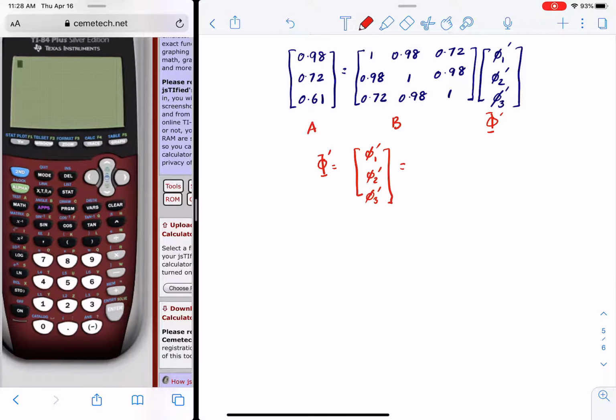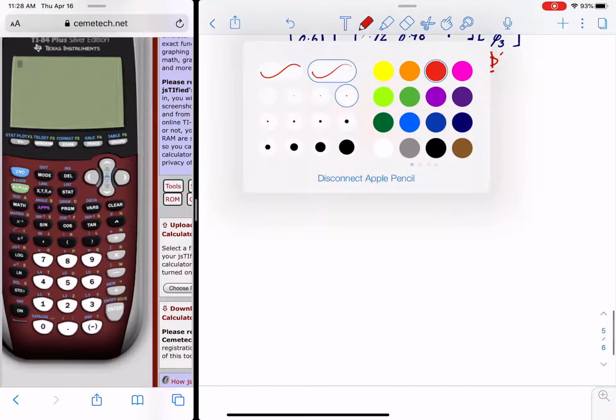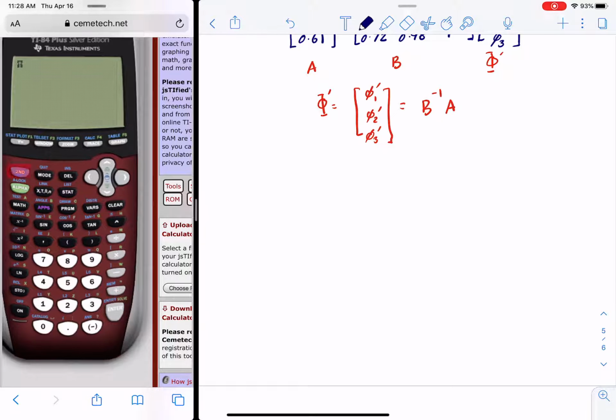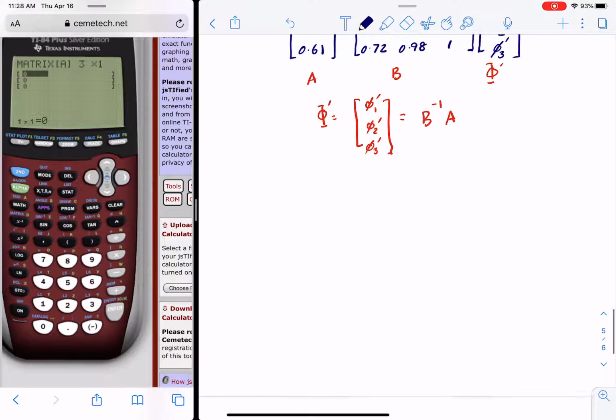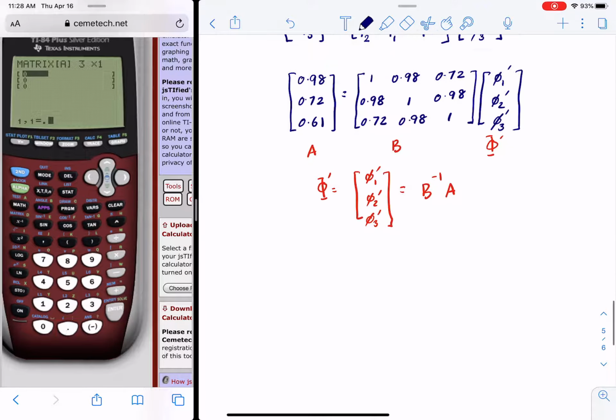That would equal B inverse A. A is a 3x1 matrix, and we have 0.98, 0.72, 0.61, and the B matrix is 3x3.